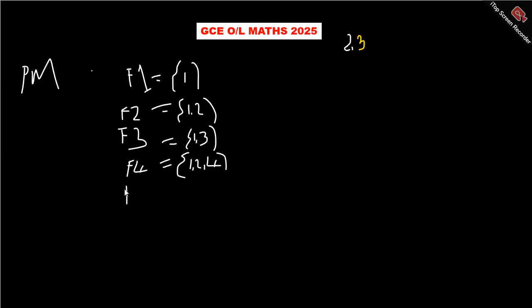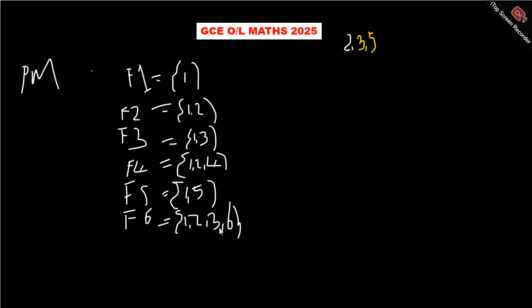Let's go to 5. Factors of 5 is equal to 1 and 5. So we can clearly see that 5 is a prime number. Why? Because it has only 1 and itself as a factor. Let's take 6. The factors of 6 are 1, 2, 3, and 6.